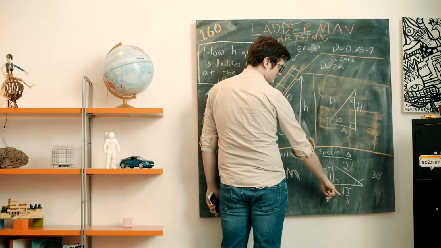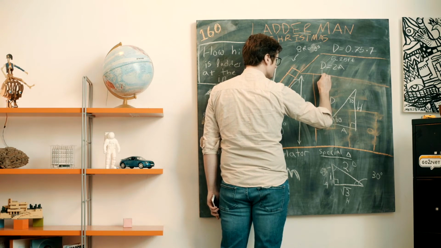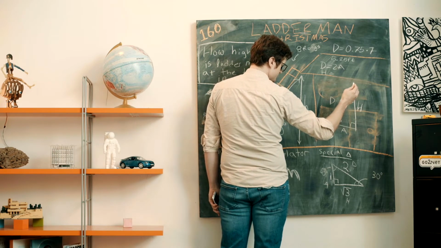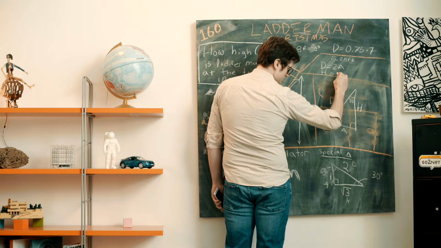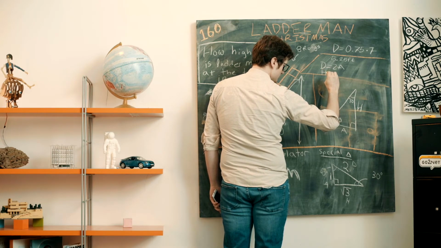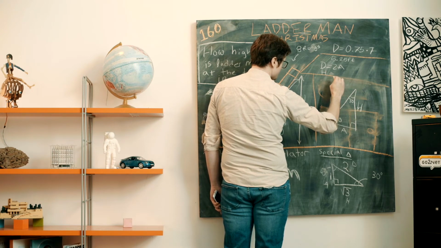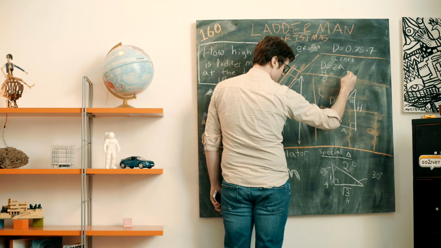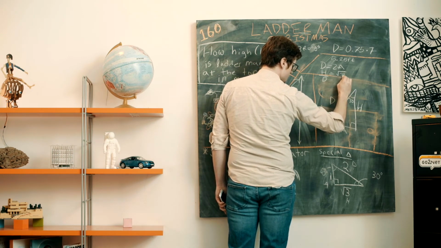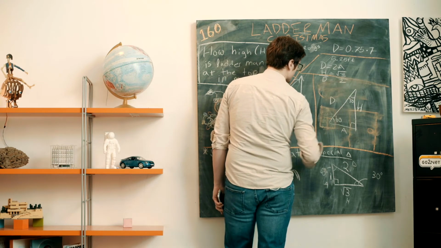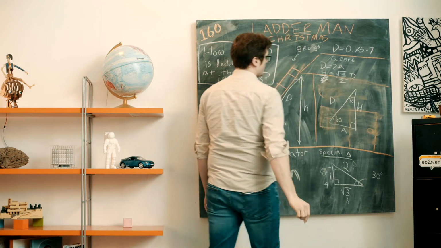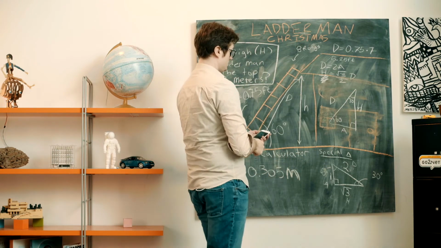We also know that H over D is equal to root 3 over 2. And then we can just bring D up over here. So H is equal to root 3 over 2 times D.